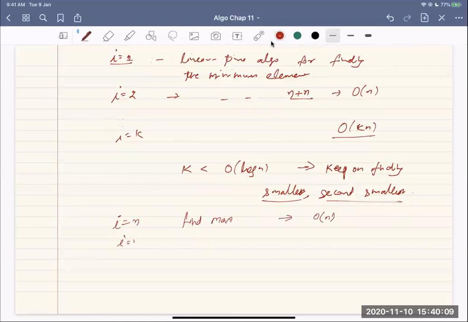And if i is equal to n minus 1, this is the second max, which is again 2n and so on. So if i is less than order log n, then you can do it fast, or if n minus i is less than order log n, then you can also do it faster. But I cannot give a generic solution for all k. This would be faster, so it depends on the value of i.